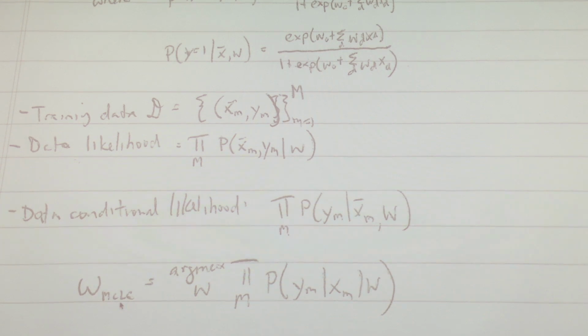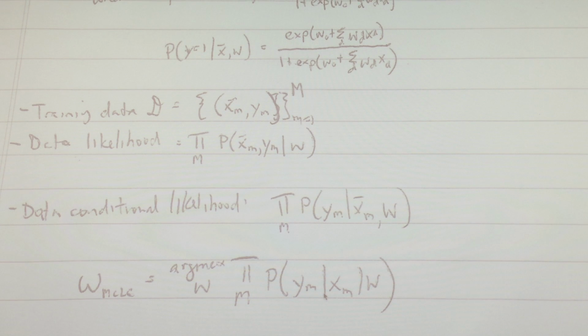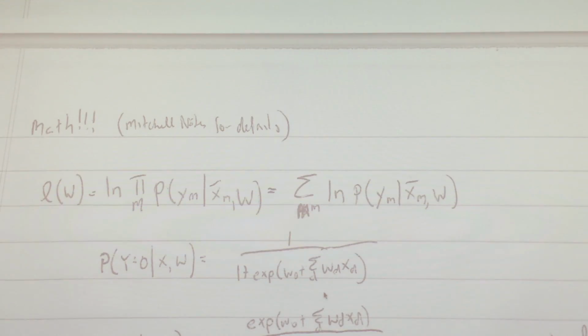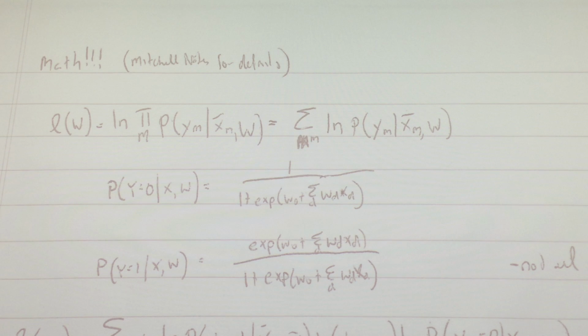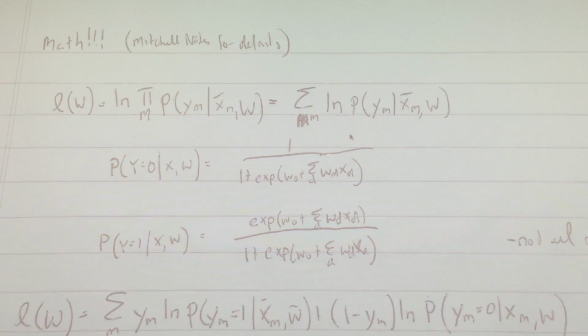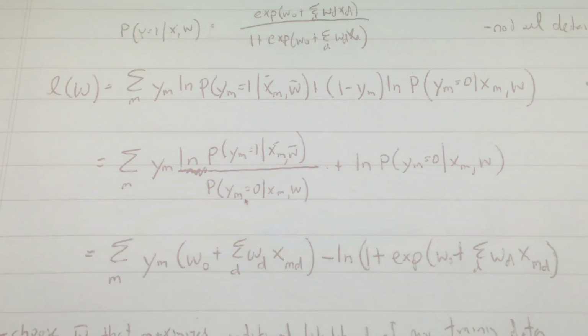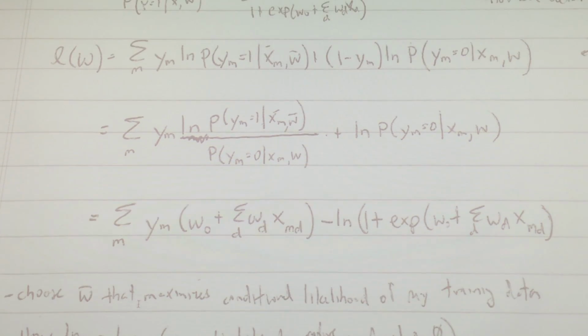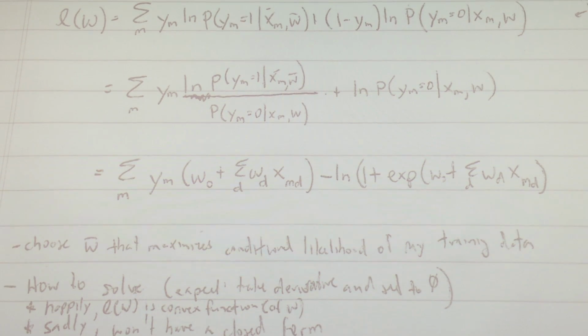This is my maximum conditional likelihood estimate, just the arg max for that given likelihood function, as it always has been. We can take the log and get a log likelihood, and this is our functional form that we showed before. But while I want to choose a weight vector that maximizes conditional likelihood of the data, I can't actually do it because even though it's convex, there's no closed form.